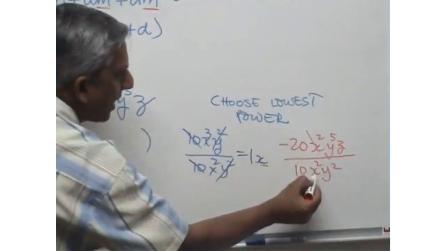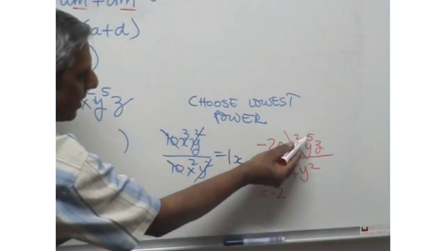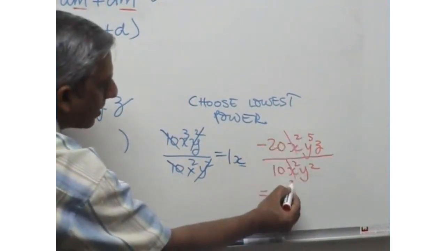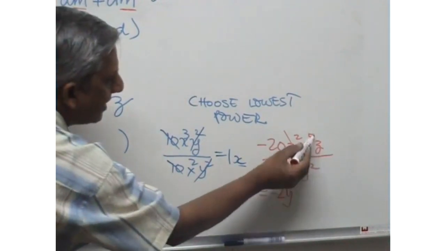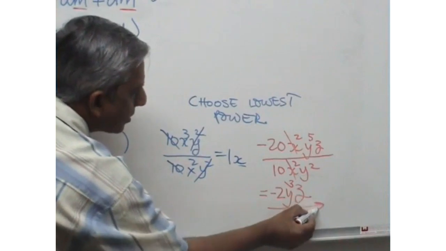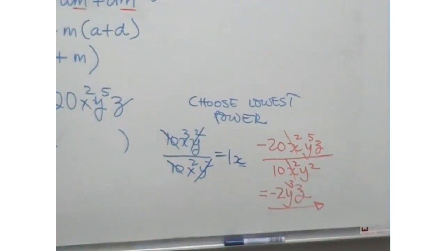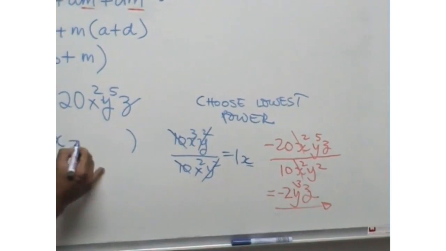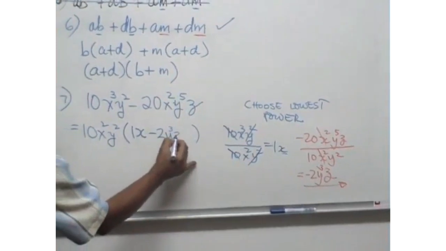Then x squared will cancel with x squared, nothing left there. Now, y squared and y to the 5 will give you y cubed. And then the z, there's nothing here to divide into z, so z will remain there. So we're left with minus 2y cubed z. So, over here, I write minus 2y cubed z.